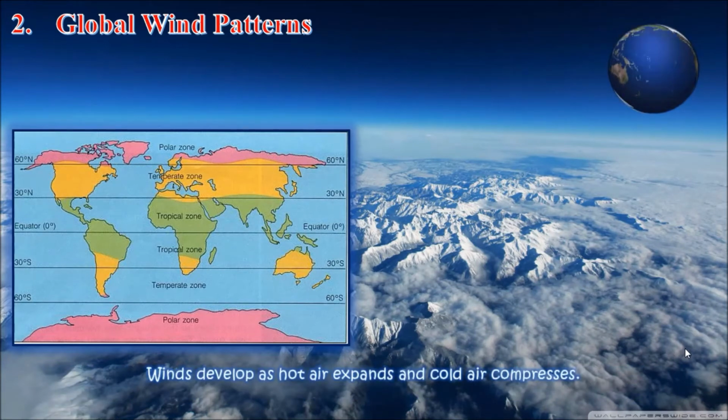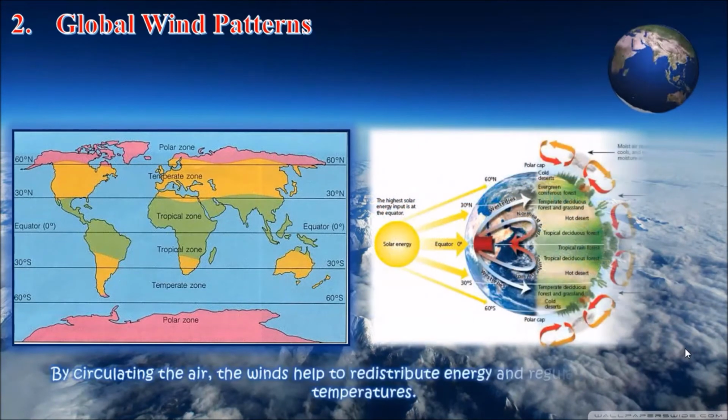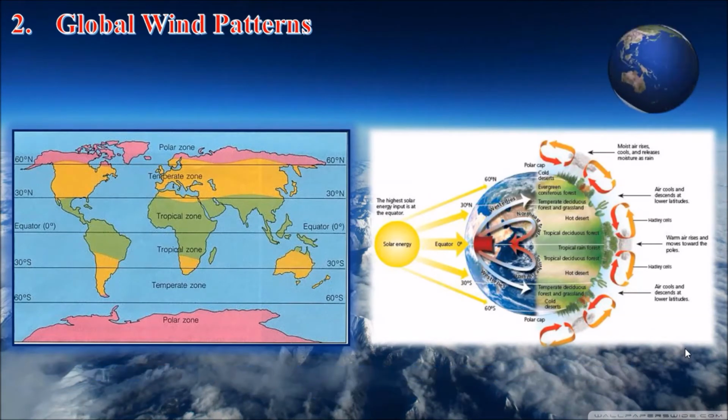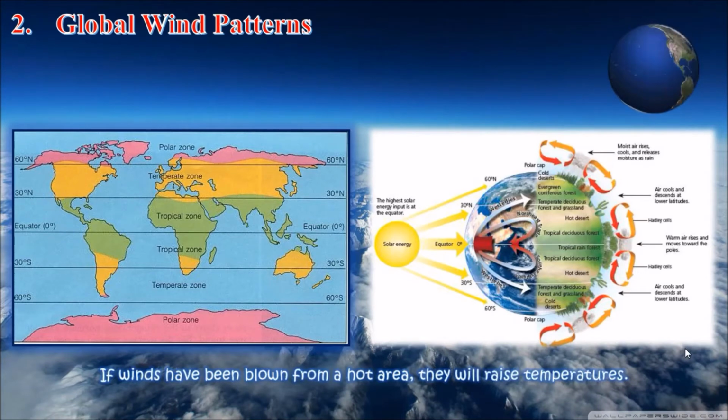Winds develop as hot air expands and cold air compresses. By circulating the air, the winds help to redistribute energy and moderate the Earth's temperatures. If winds have blown from a hot area, they will raise temperatures.